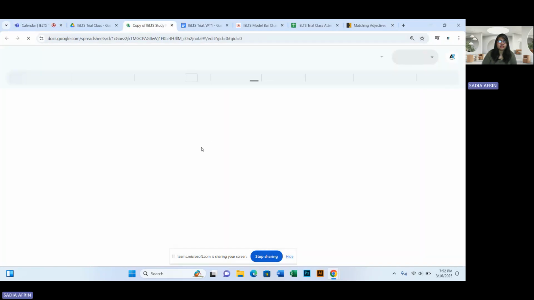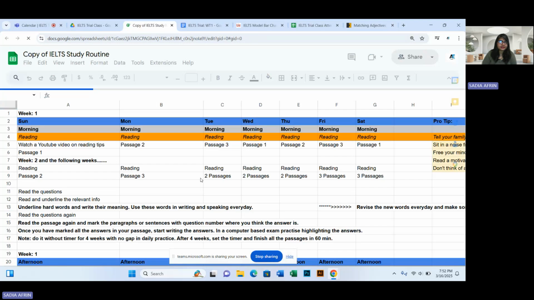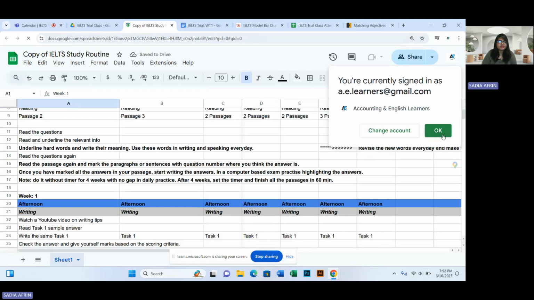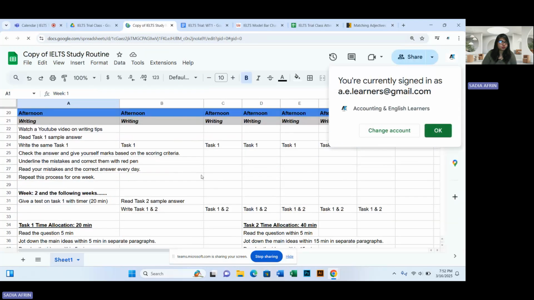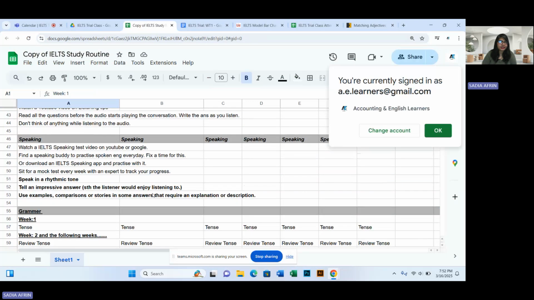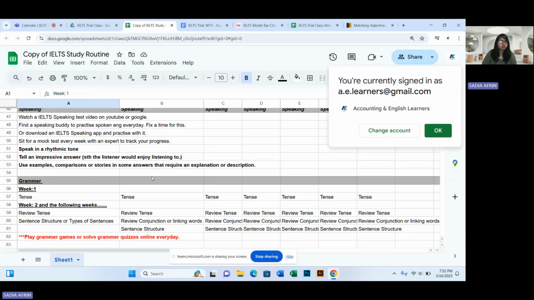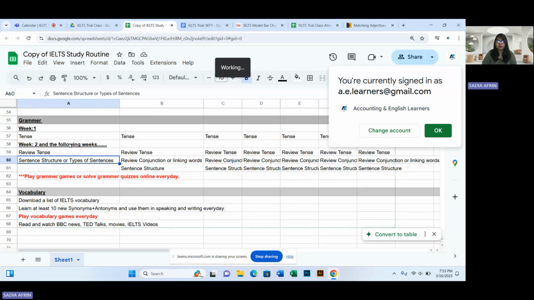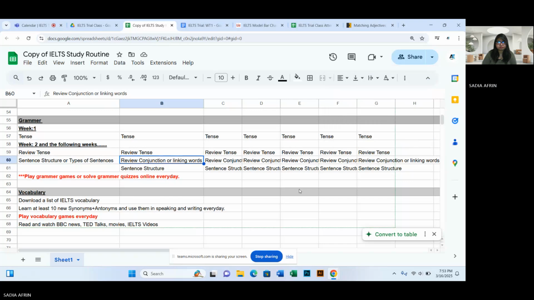And yeah, this is a demo study routine that you can see. Similarly, you can practice writing, listening, speaking, and of course, prepare your grammar from week 1. Review all the tenses, conjunctions, linking words or connectives, different kinds of sentence structures, some complex sentences, some complex vocabulary.